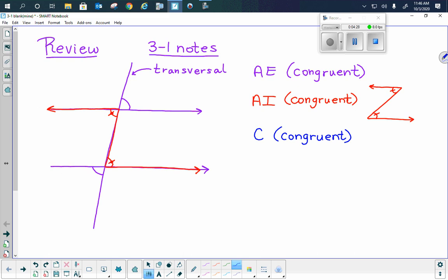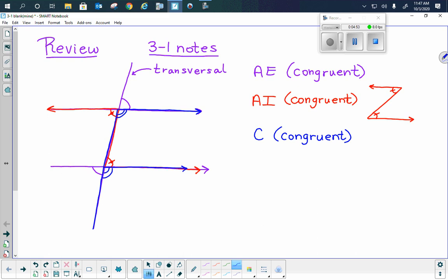Let's go with this one, use a different symbol, and this one. Those 2 that I just put in blue are corresponding angles, and the letter shortcut that I see that goes with it is this. We call this one an F. Okay, but notice again where I put the arrows while I was drawing that.